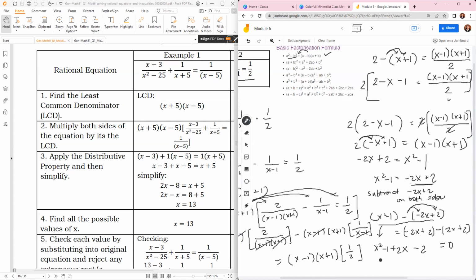And we are to group like terms. So, x squared first, followed by 2x. And then, what is minus 1? Negative 1 plus negative 2 is equal to negative 3.